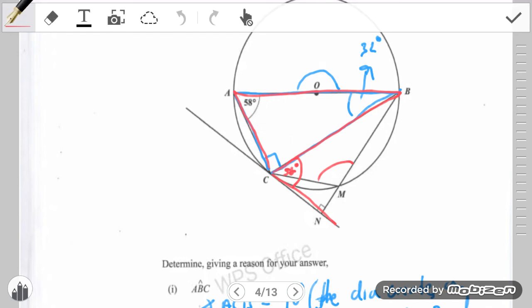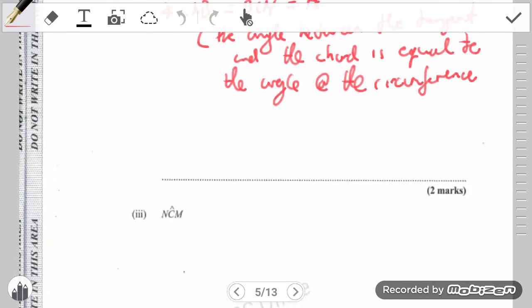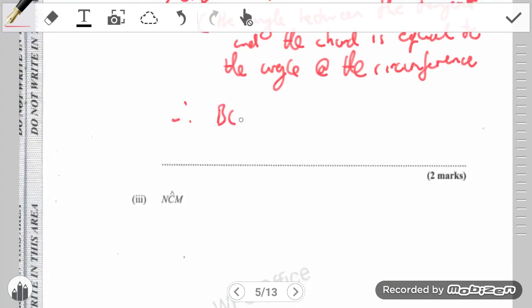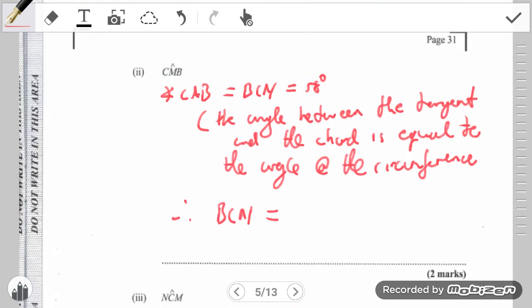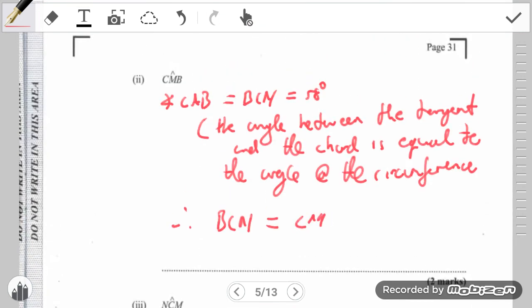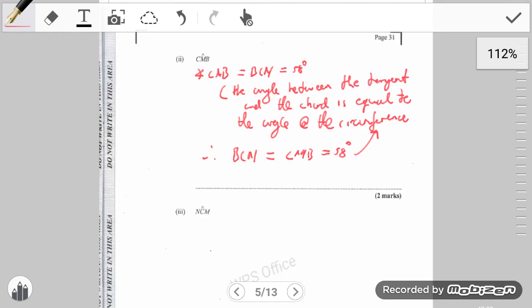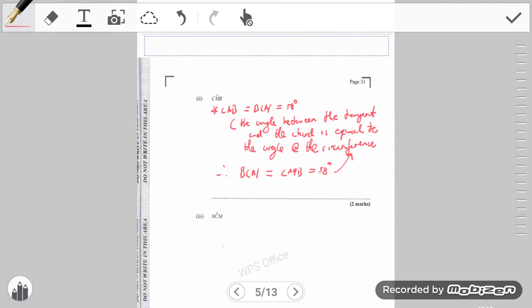And so this angle here is also 58 degrees, because the chord CB also creates the angle at M. So therefore BCN is also equal to the angle CMB, which is also equal to 58 degrees. And the reason is the same as what we stated above. All right, that's pretty much it there.